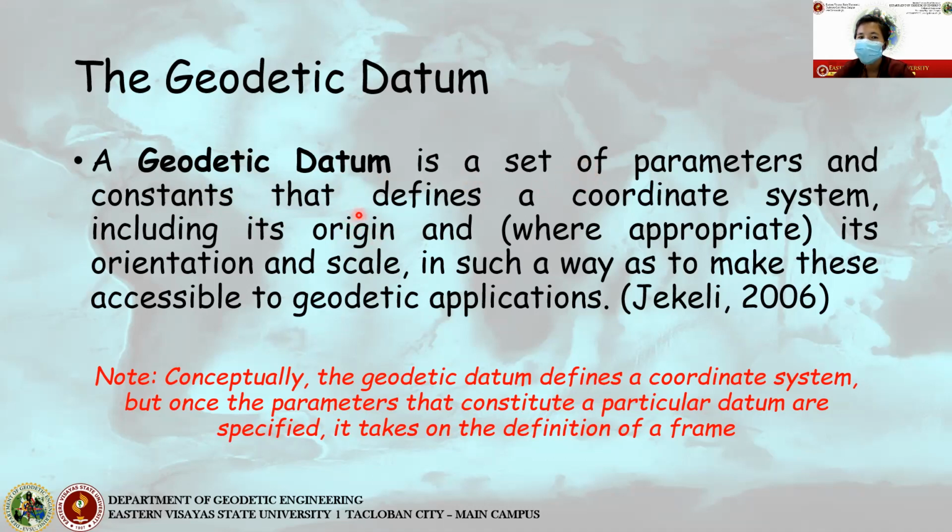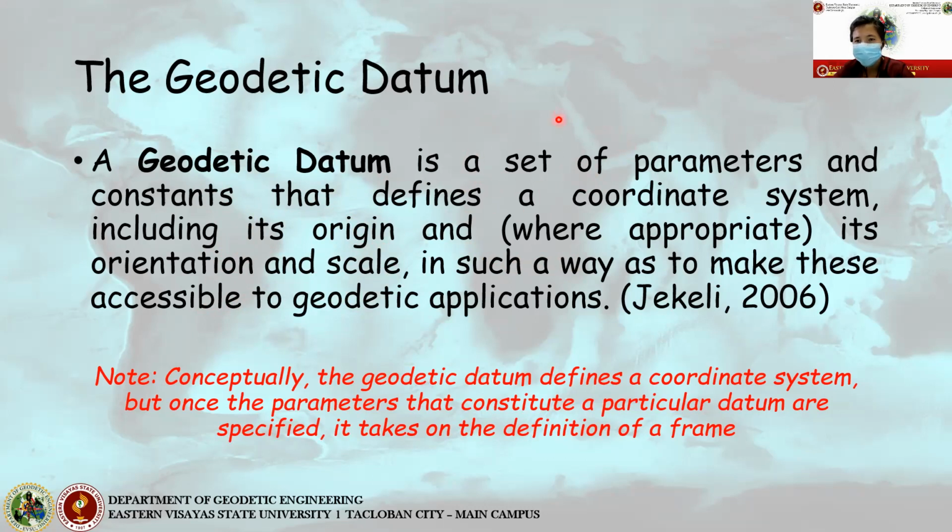When you say origin, where does that system start? Is it at the center of the earth, or on the surface of the earth? Its orientation: what would be the direction of that coordinate system? The scale: how small or how big is that coordinate system? All in such a way as to make this accessible to geodetic application.